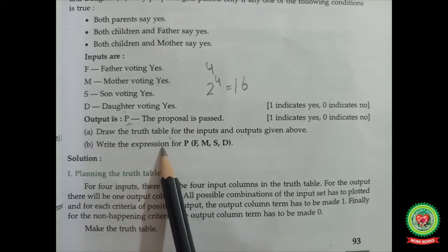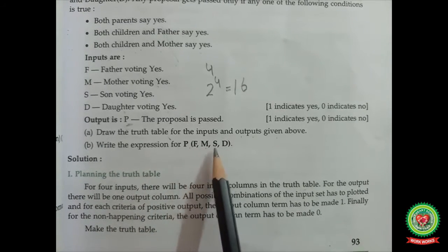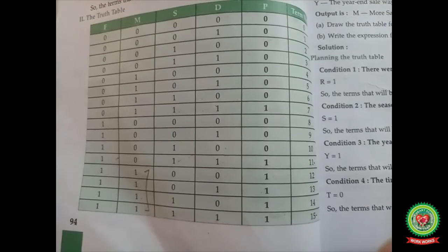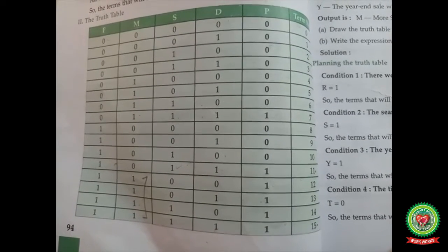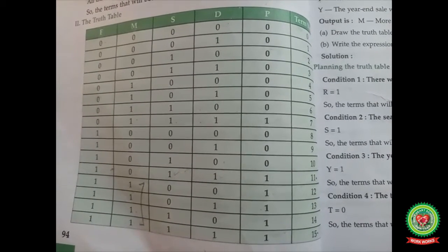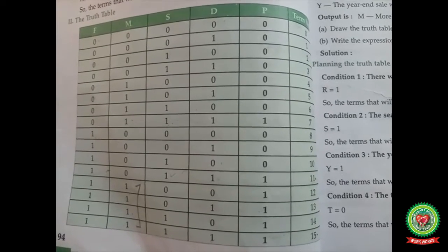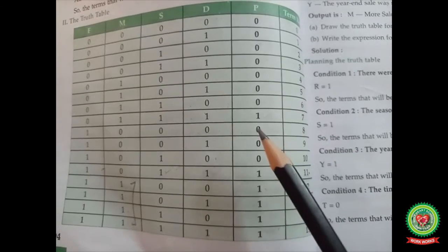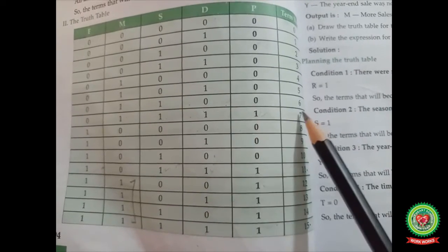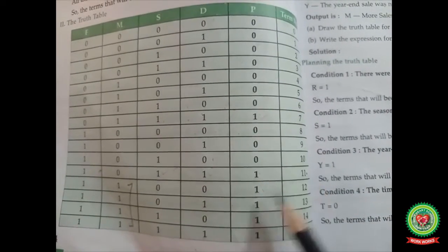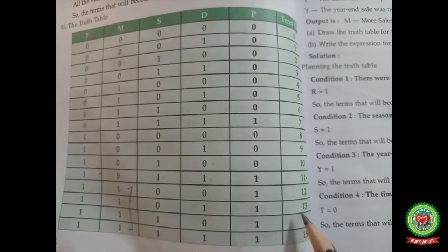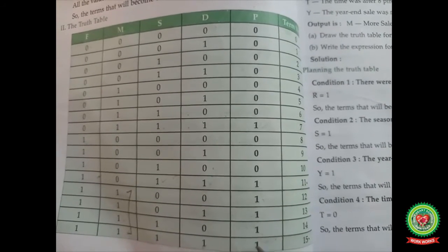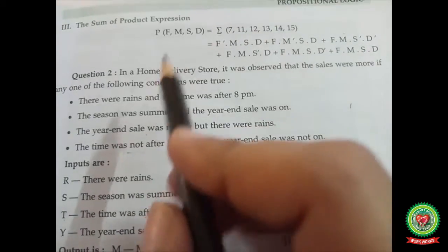Now second part, write the expression for P if M is T. Students, for making an expression you should know the term number. So here we have to write the terms that have the value 1 in the output, like 7, 11, 12, 13, 14 and 15.